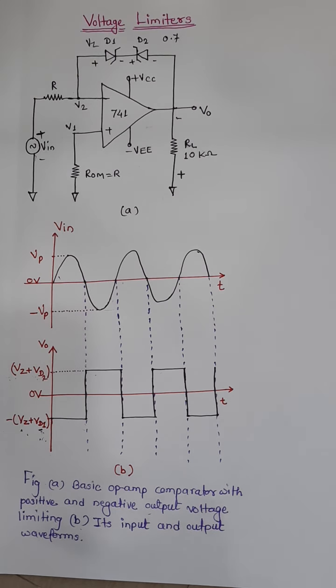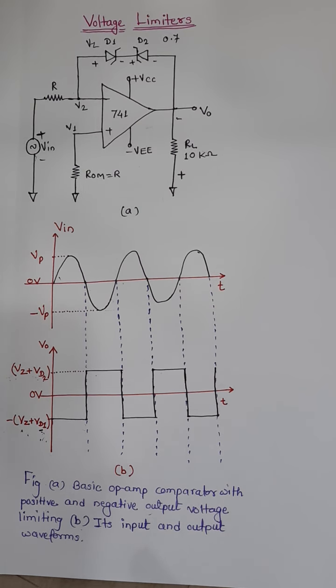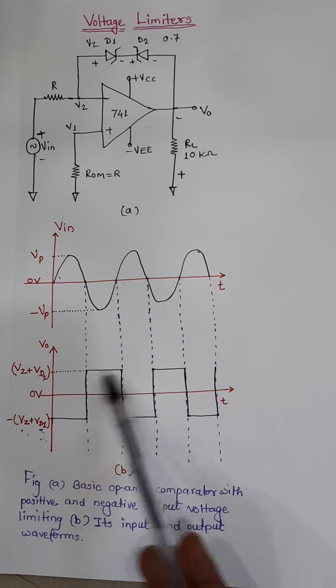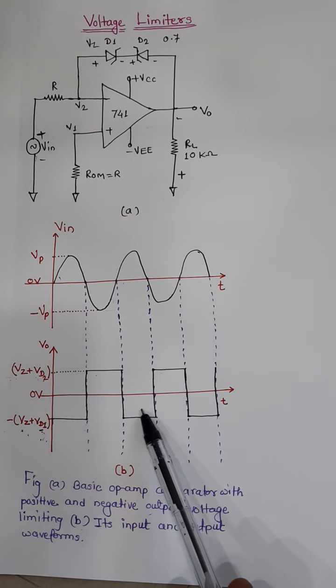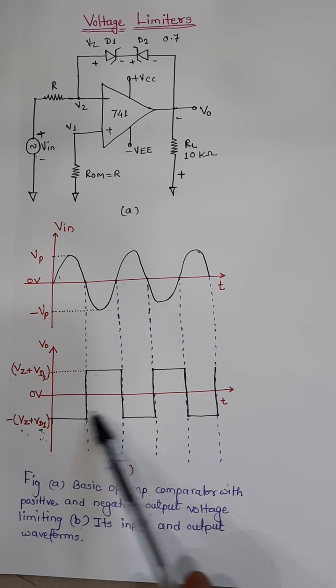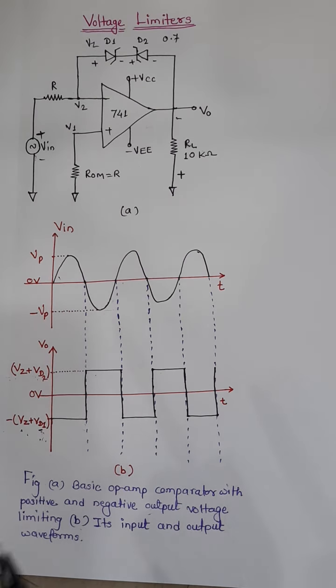Okay. Somewhere there is a need to limit the swing of the output voltage to the positive direction only, or vice versa, we can say I want the output to be limited in the positive direction, otherwise I want to limit the output in the negative direction. So we can see how these circuits will be.